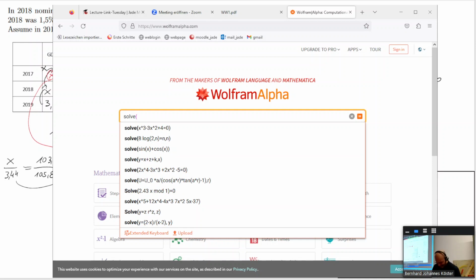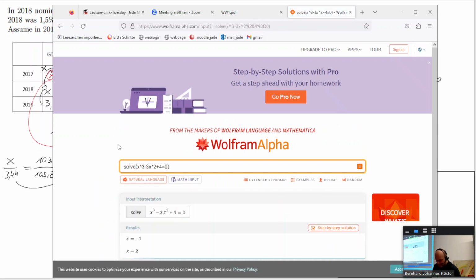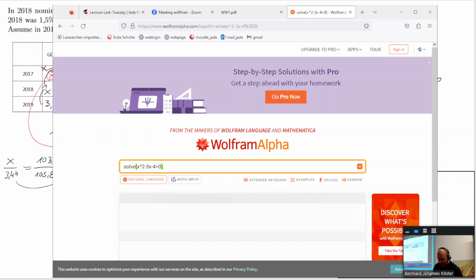Let's take the example, this one. You just formulate this, maybe not with a power of 3, but only this one. Oh, sorry, then I have to take a minus here because otherwise you would have a complex number. And then you have your solution.